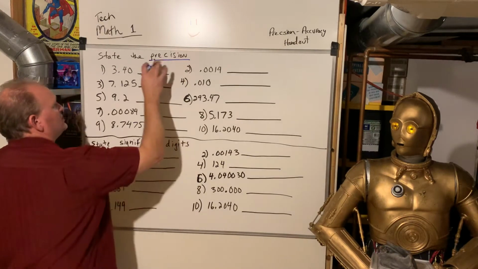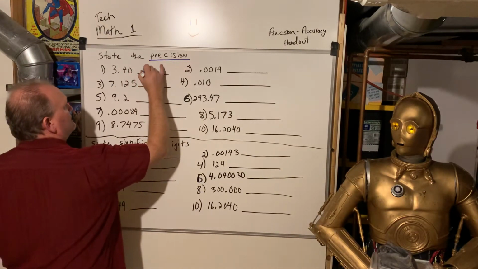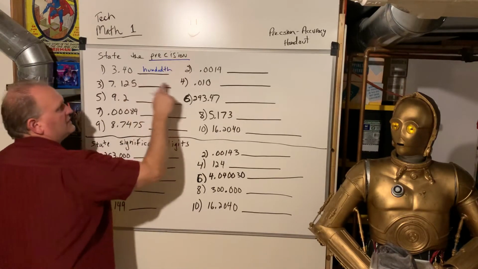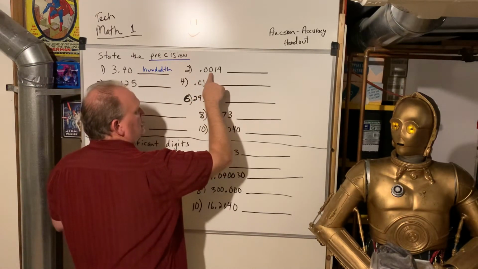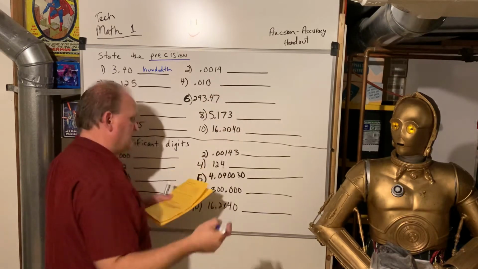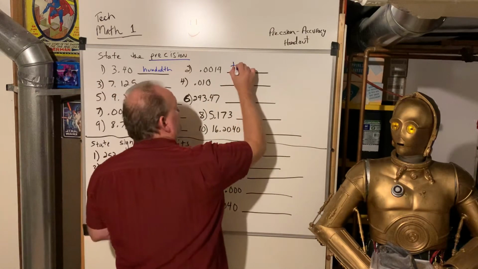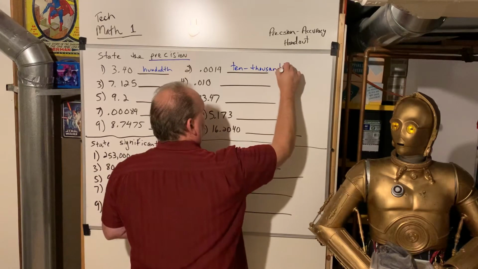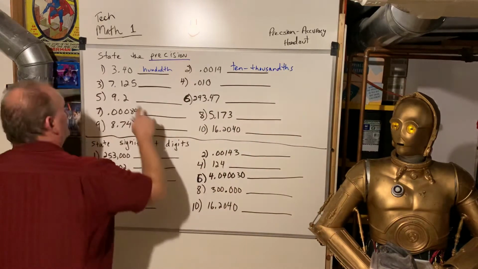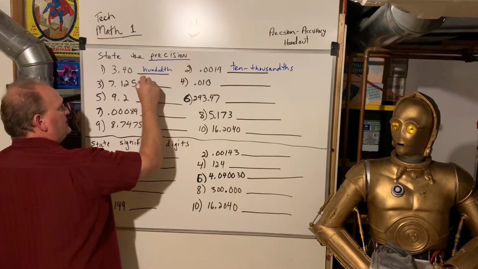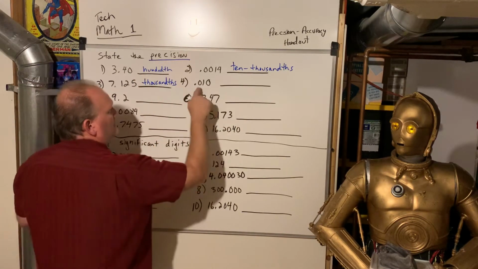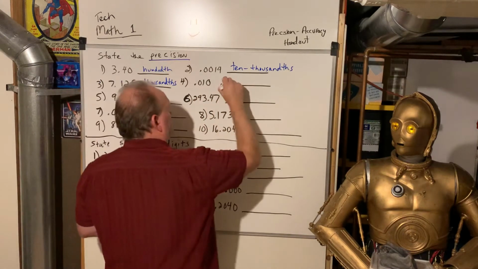All right, so precision. This one is precise to hundredths place: tenths, hundredths. This one is precise to tenths, hundredths, thousandths, 10,000ths. Tenths, hundredths, thousandths place.